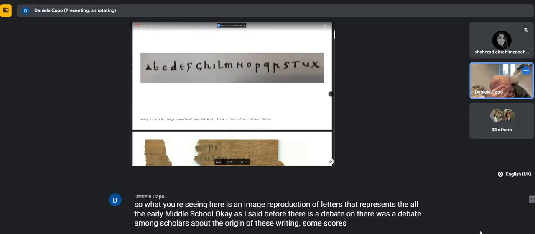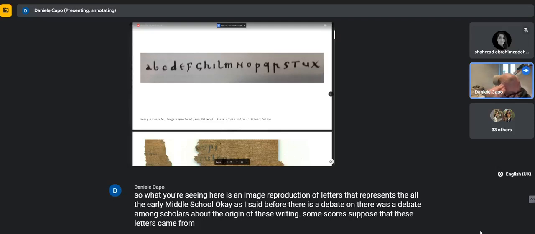Some scholars suppose that these letters came from technical changes in terms of writing tools.